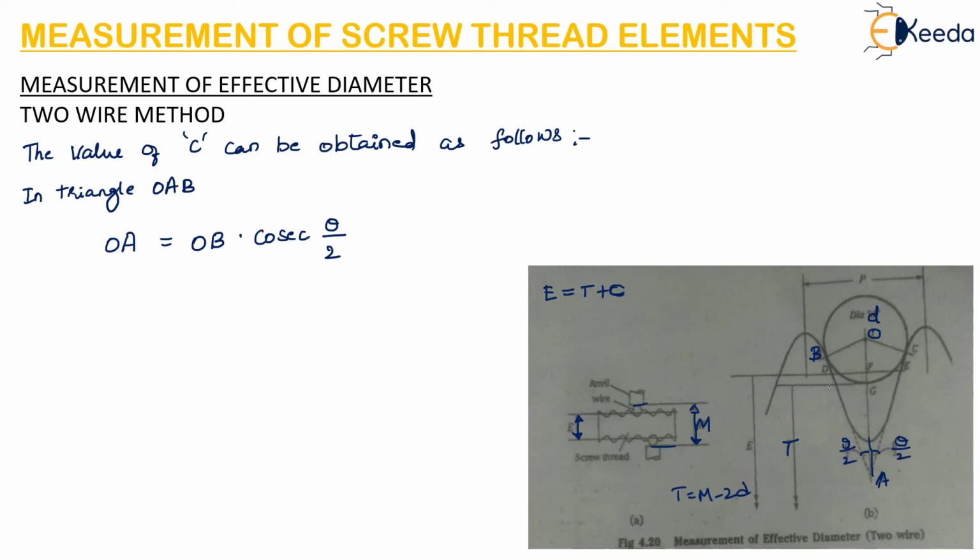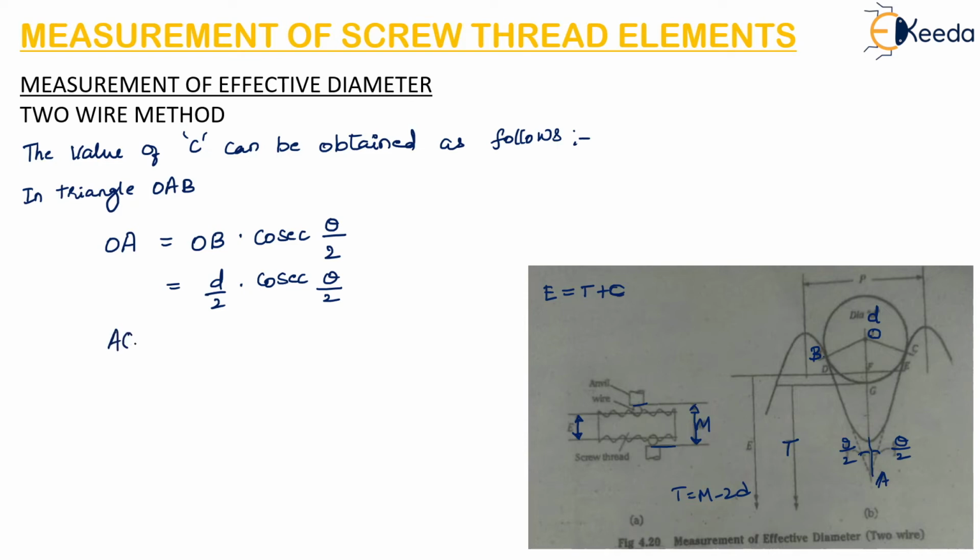So OA can be written as OB into cosec of theta by 2. OB is nothing but d by 2. If the full diameter is d, then OB, that is the radius, can be written as d by 2. So d by 2 into cosec of theta by 2.